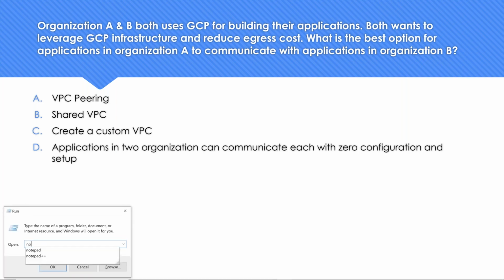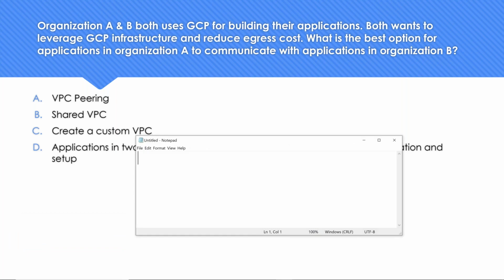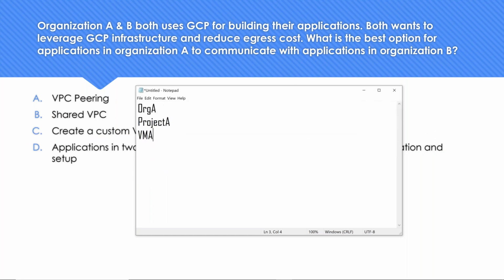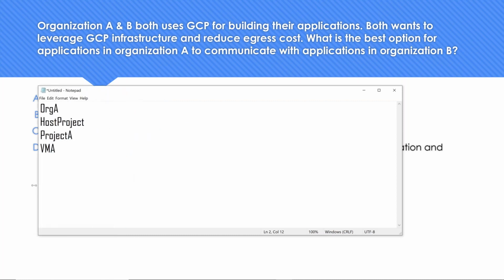It could be something like this, folks. So organization A, inside that you have project A, inside that you have VM A. Or I can make it still more complicated.